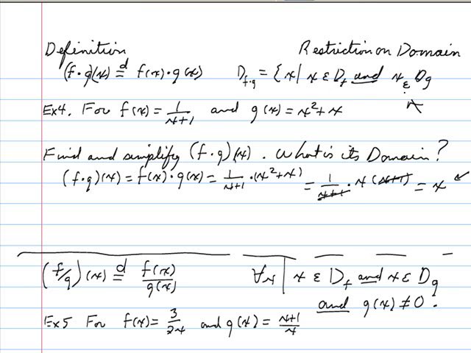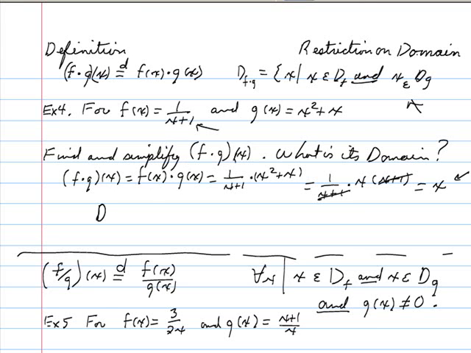The domain of f times g consists of numbers in the domain of f and numbers in the domain of g. So let's take a look at numbers in the domain of f. Now, all numbers are in the domain of g. There's no division here. There's no taking square roots. But what obvious number is missing from the domain of f? Well, the number -1. Because if x was to be -1, you would be dividing by 0, which means f of x would not even be defined, so therefore f times g of x would not be defined.